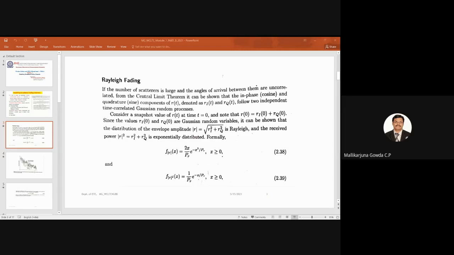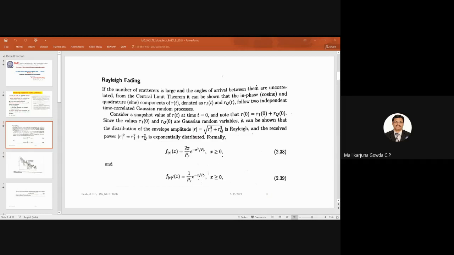Then, how do we express that mathematically? These are the expressions for the Rayleigh fading in a statistical way. This is the amplitude distribution, usually written as f of R mod of x equal to 2x by Pr, times e power minus x square by Pr, where Pr is the average received power.